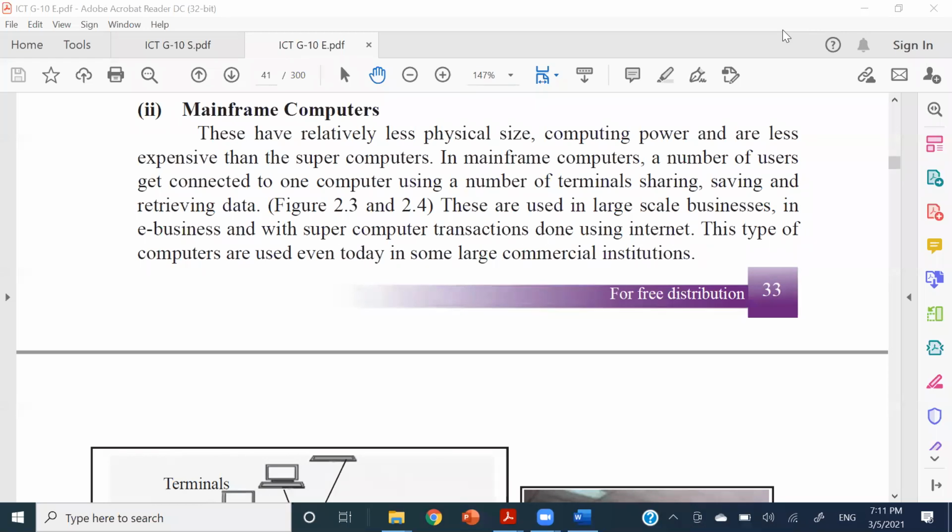So because of that, these large scale companies as well as these people who are maintaining e-commerce websites like very big e-commerce websites like eBay, are having a computer which we call the mainframe computers. So it is again a powerful computer, but not that powerful as supercomputers.